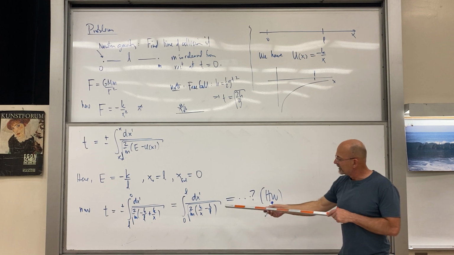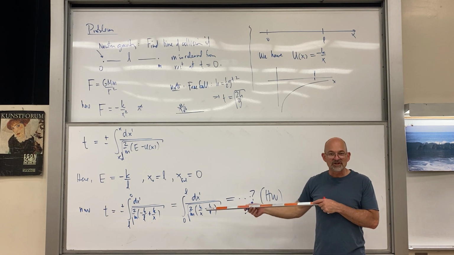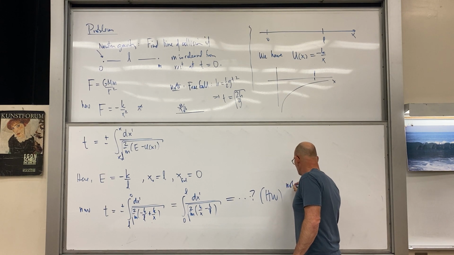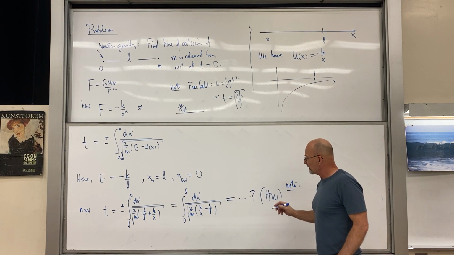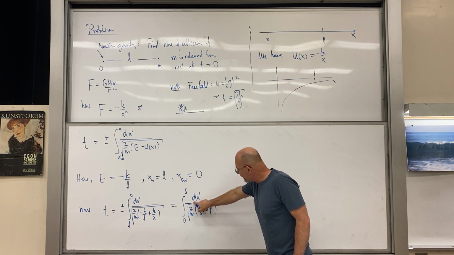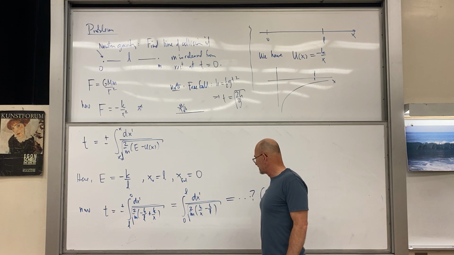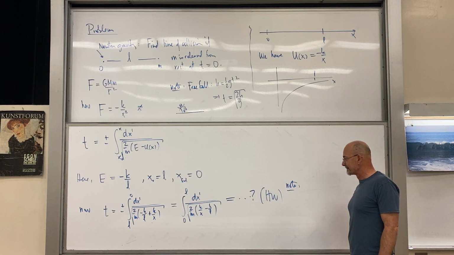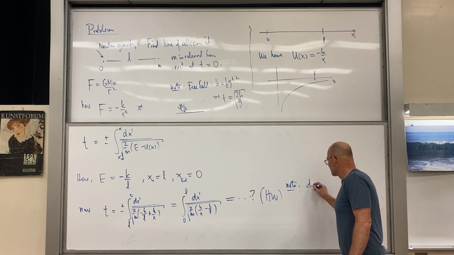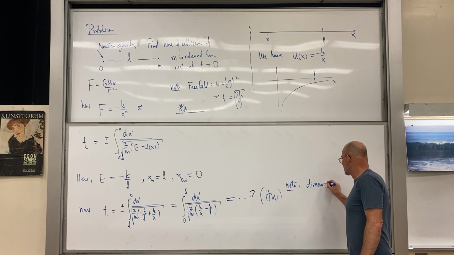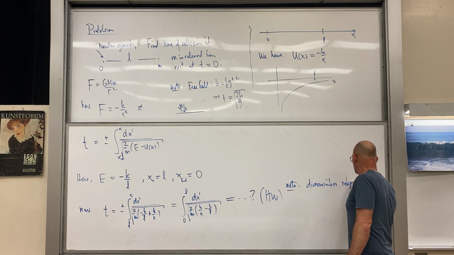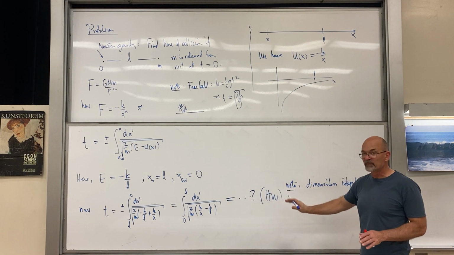Now, in terms of doing this, you want to make it dimensionless again. So, important note, turn this into a dimensionless integral. I'm tempted to do it myself, but first turn it into a dimensionless integral.